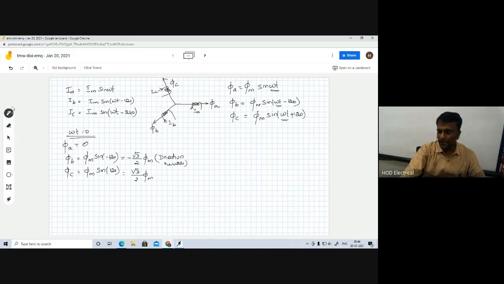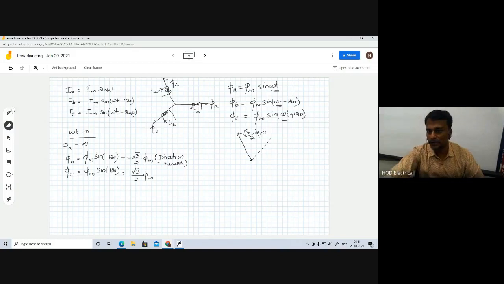So now I am going to draw this vector. So phi A is 0. So phi A is in the middle. Then phi C is this same direction which we have shown. So this is nothing but root 3 by 2 phi M. Then phi B is just opposite of that. I have to draw the vector very clearly, so let me draw the diagram a little bit below.